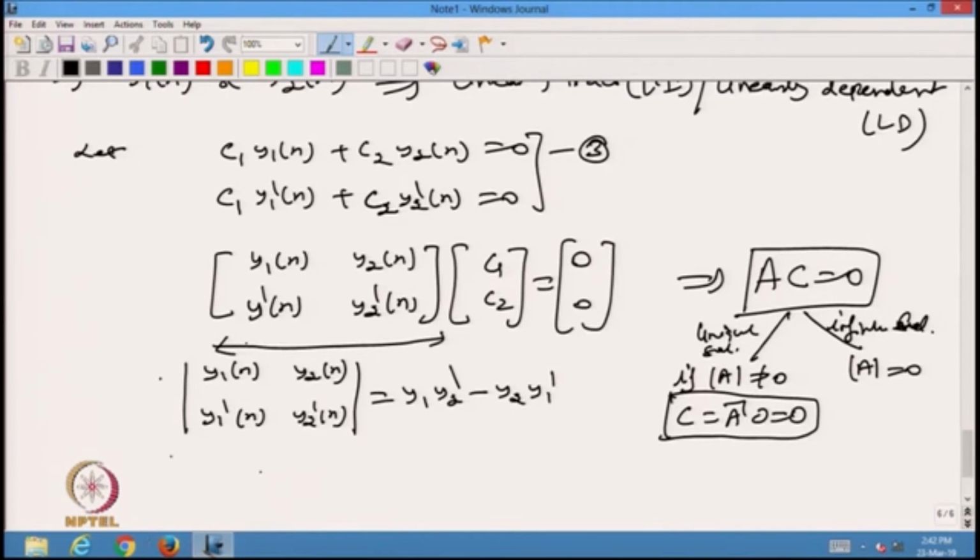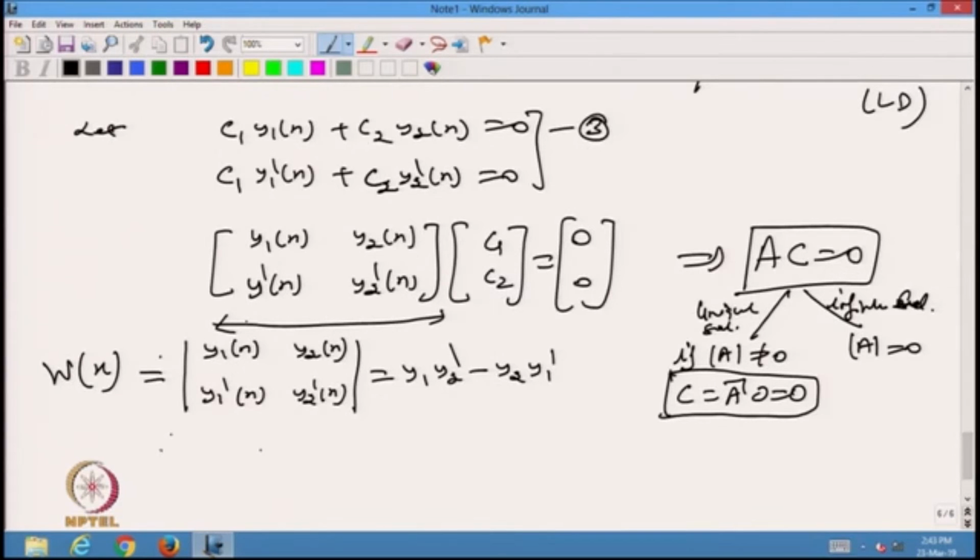We call this determinant by a new name that we represent by W(y1, y2)(x), and this W, which is the determinant of the corresponding matrix, is called the Wronskian of the functions.